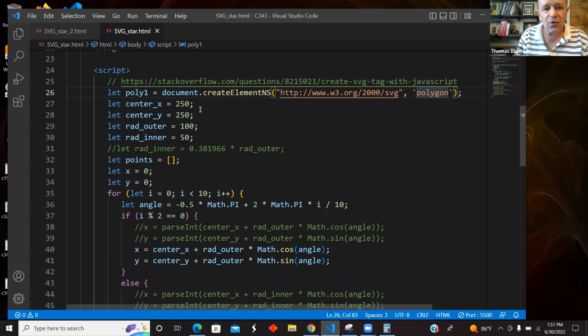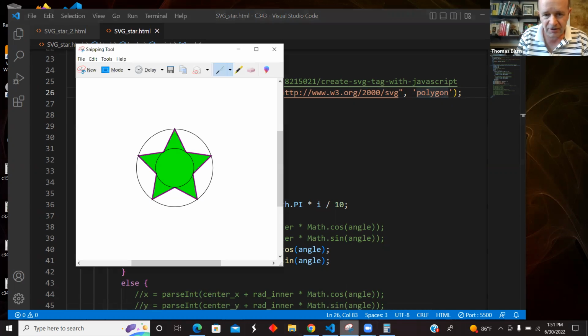Okay, so I am going to create a star. I'm going to think of the star as these alternating points between 2 circles, an inner circle and an outer circle. So there will be 10 points altogether. 5 of them will be on the outer circle and the other 5 will be on the inner circle. They'll be alternating.